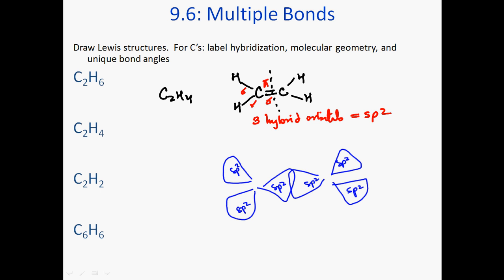Now, for each of these carbons, there's also an unhybridized p orbital, and then there is a hydrogen overlapping with these SP2 hybrid orbitals to form this bond. So this bond actually is formed by an sp2-s overlap. This bond is formed by sp2-sp2 overlap. So what is the bond angle here?